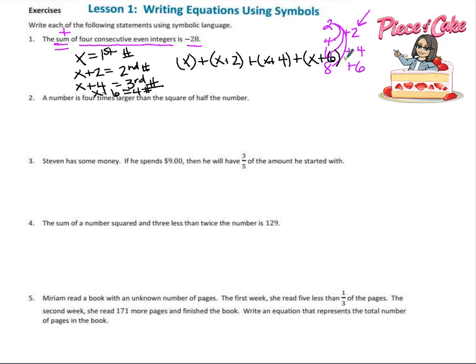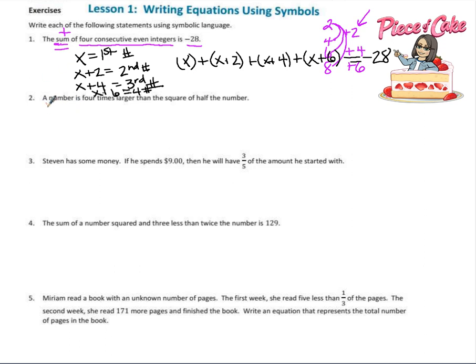All of that equals negative 28. Now, if we wanted, we could leave this just how it is, and that would be perfectly fine. If you were going to solve, you would put all the x's together, all these numbers together, move the numbers to the other side, and go ahead and solve. Let's look at number 2.